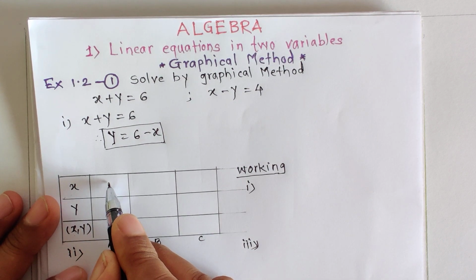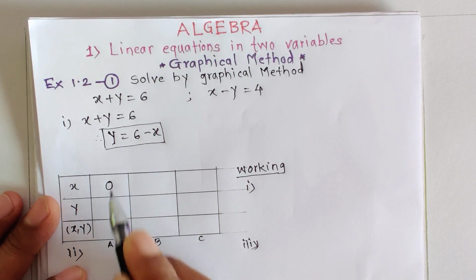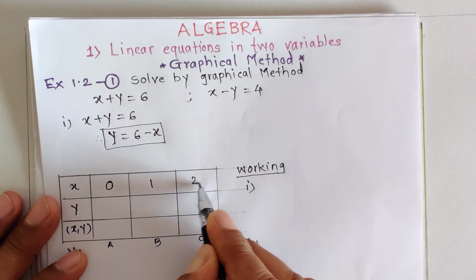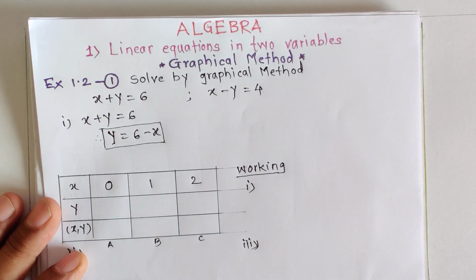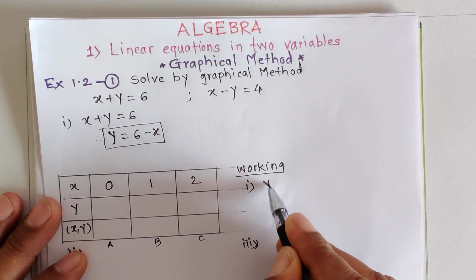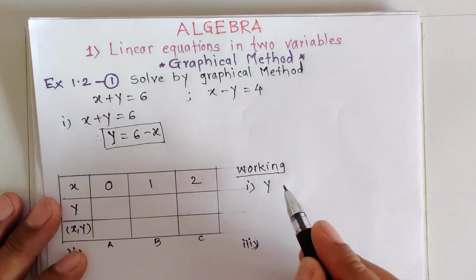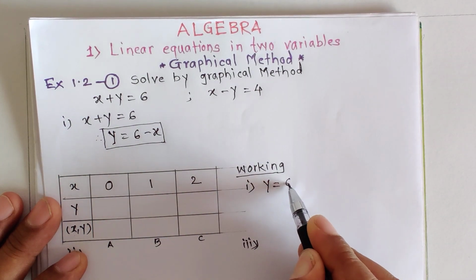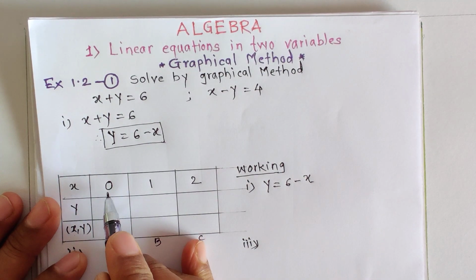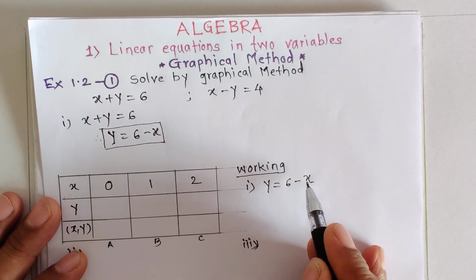Suppose we select 0, 1 and 2. These are 3 values for x. So working easier, the formula for y is equal to 6 minus x. Now simply substitute the value of x in this formula.